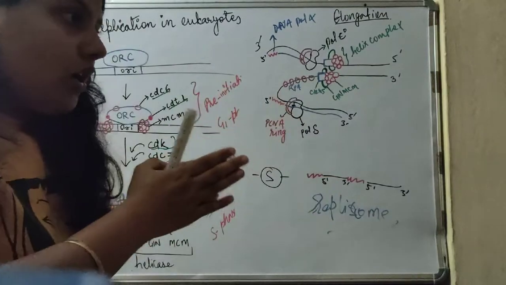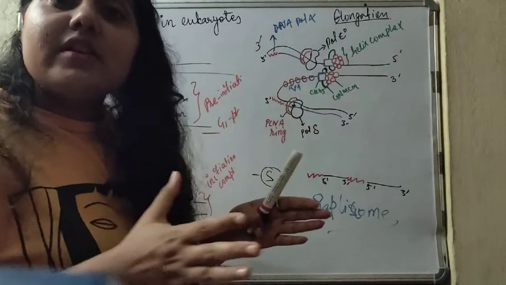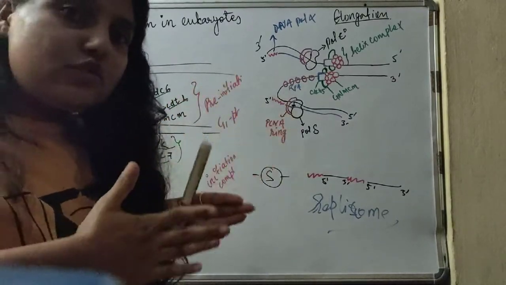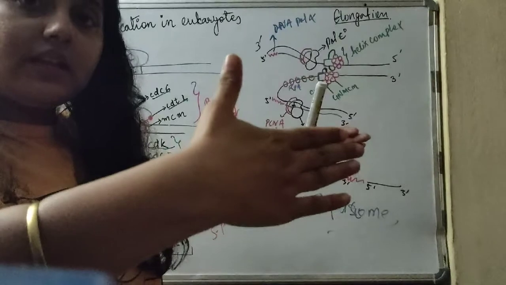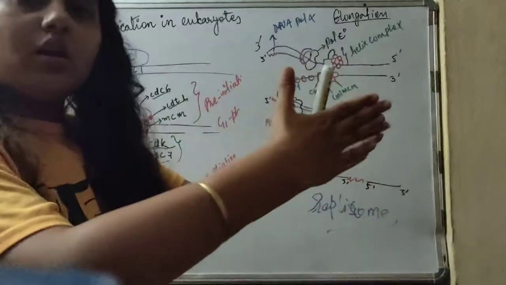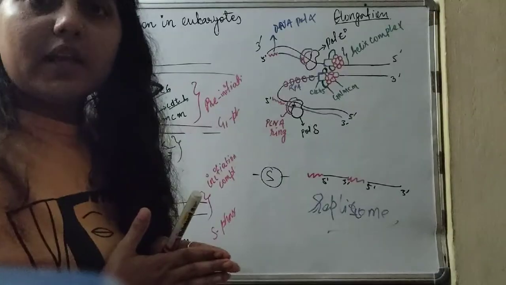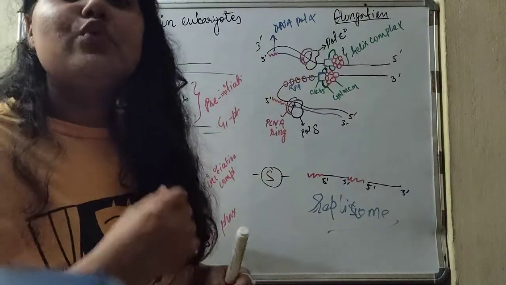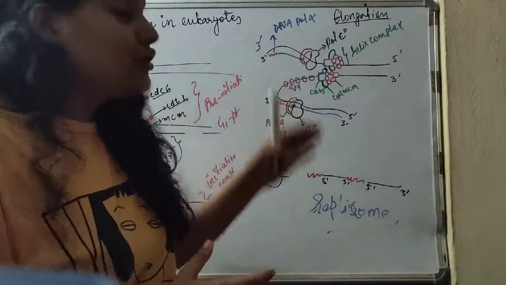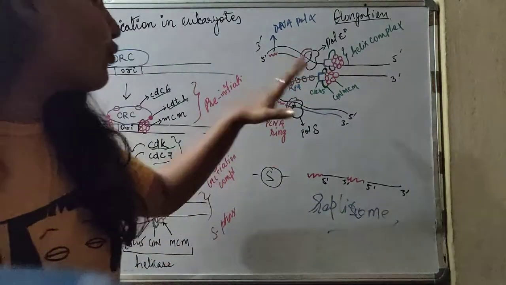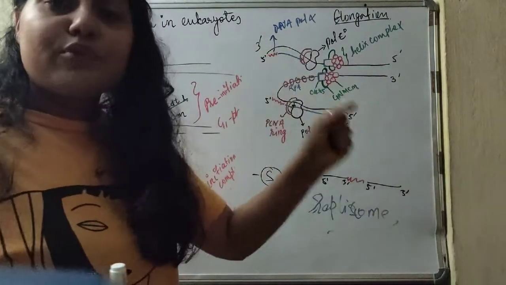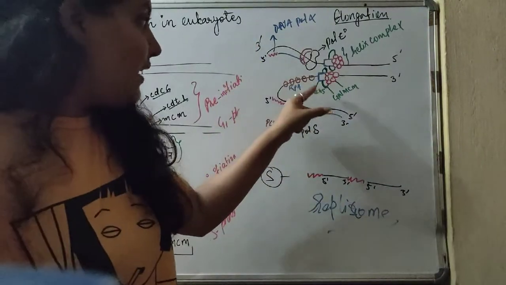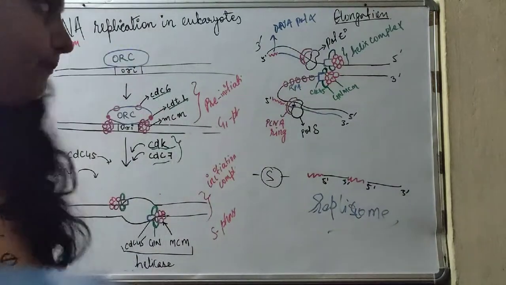Because single stranded DNA is sticky in nature, if the helicase is walking and unwinding the DNA, it has a probability of making a bond again. It is also very susceptible to nuclease activity. It can be destroyed by nuclease enzymes. So to protect it, the SSB protein, namely replication protein A, is bound to the single stranded DNA.